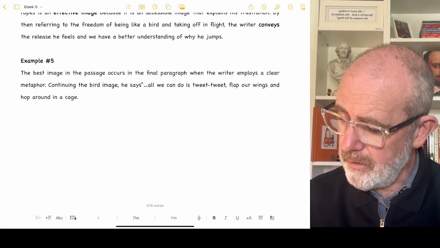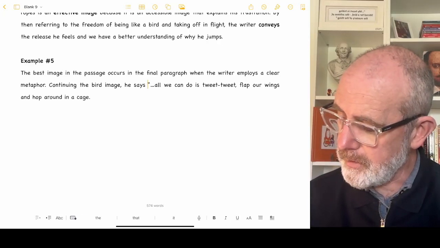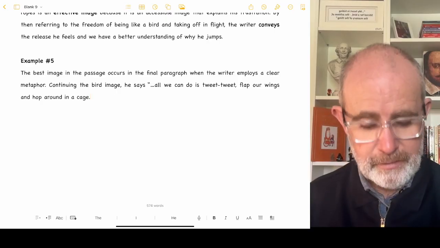Continuing the bird image, he says, all we can do is tweet, flap our wings, and hop around in a cage. Now, I like that.